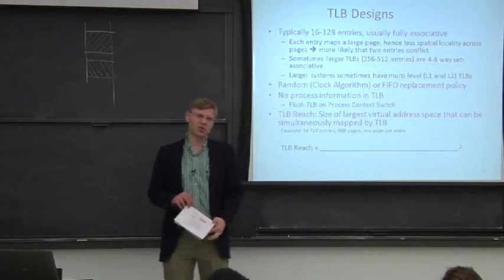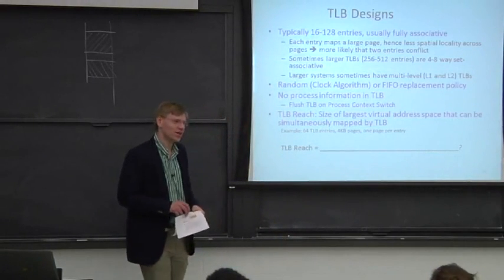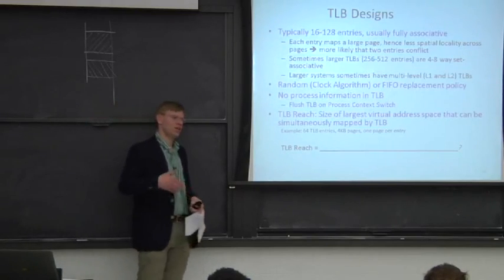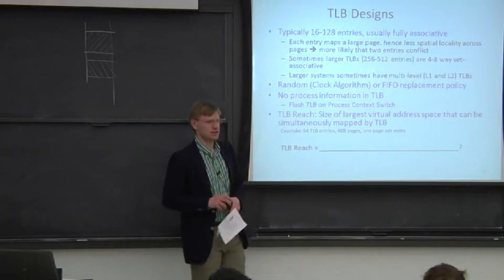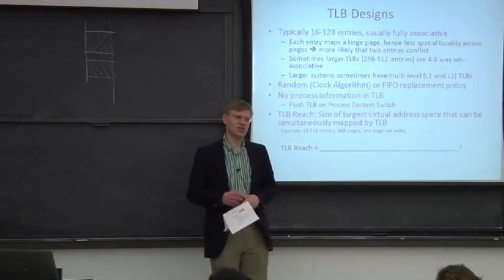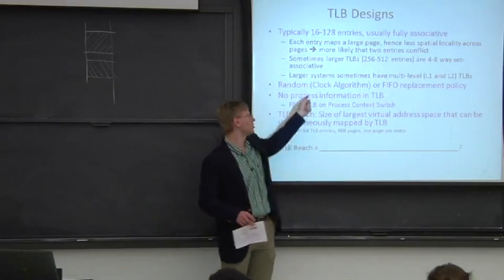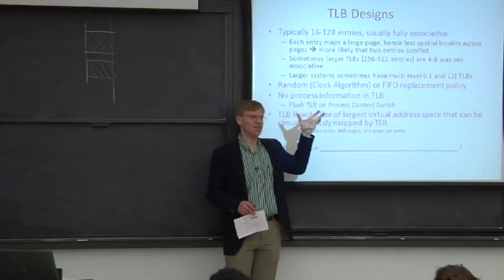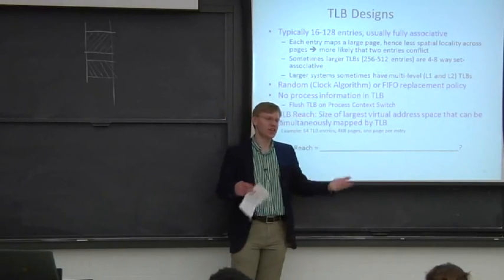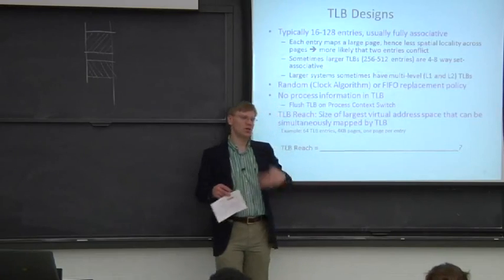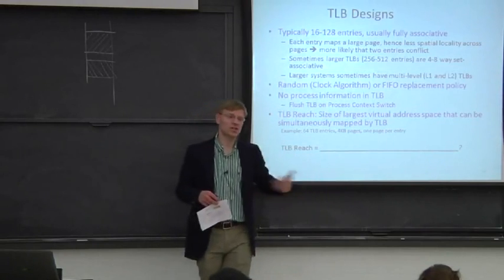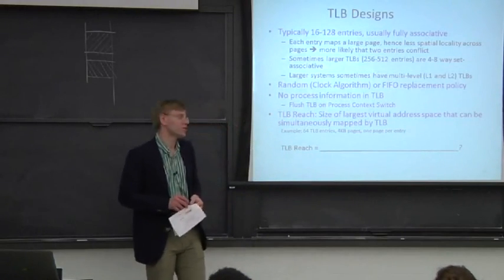So a lot of times what people will use is what's called a clock algorithm, where you basically have a free-running counter which says where to go access in your TLB to go evict. And every cycle, you somehow change this counter, or maybe increment it by 1. There's a little hardware counter there that will actually do this.